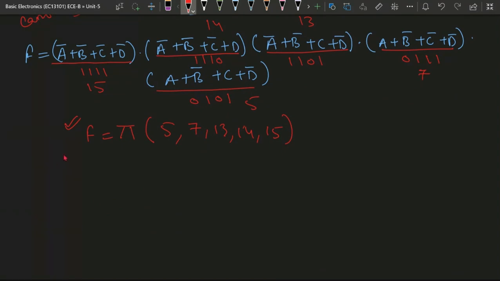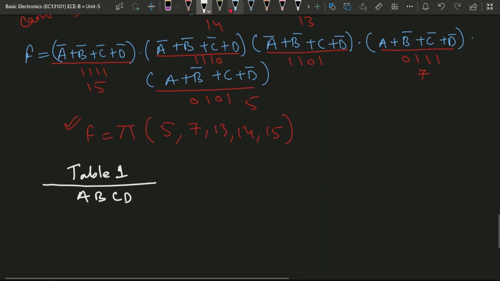Now we have to do the table creation. Table 1 we will be creating such that there will be A, B, C, D variables, and then we will be doing the grouping. The grouping will be based on the number of ones. The minimum number of ones is 2.